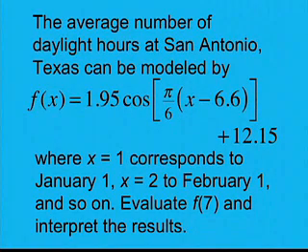The average number of daylight hours at San Antonio, Texas, can be modeled by the equation f of x equals 1.95 cosine of the quantity pi over 6 times x minus 6.6 plus 12.15, where x equals 1 corresponds to January 1st, and where x equals 2 corresponds to February 1st, and so on. Evaluate f of 7 and interpret the results.